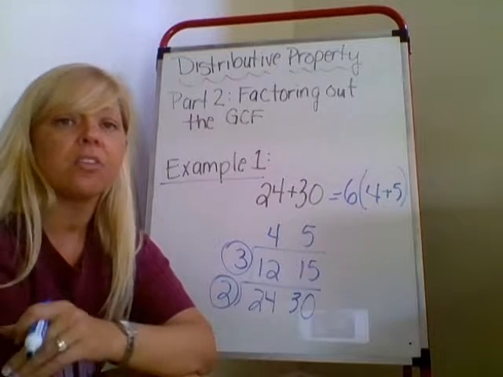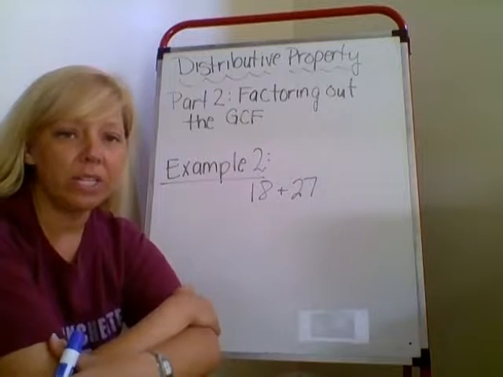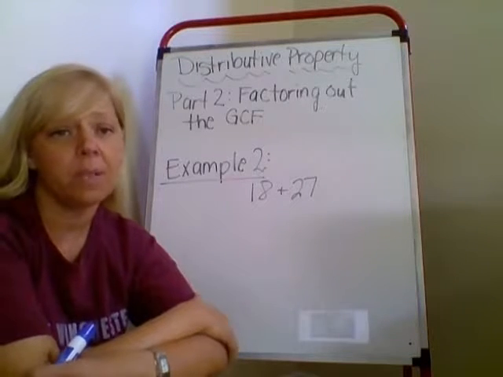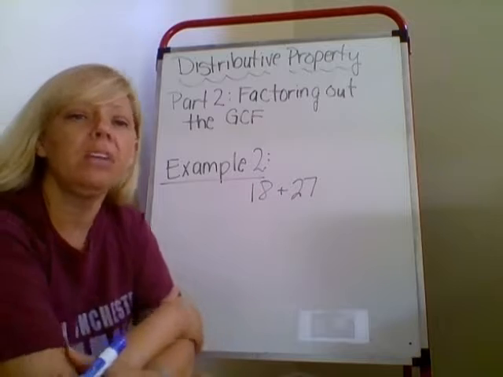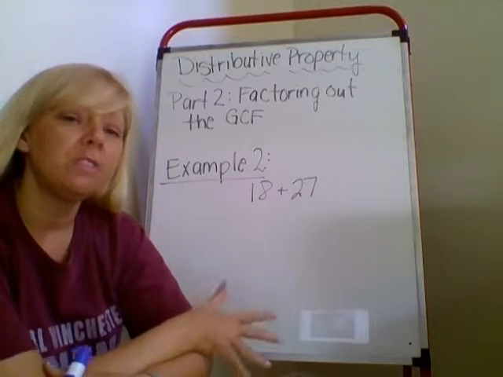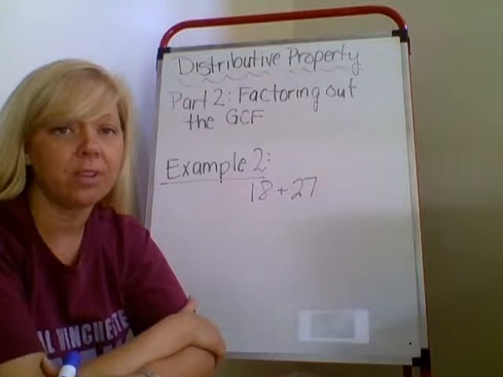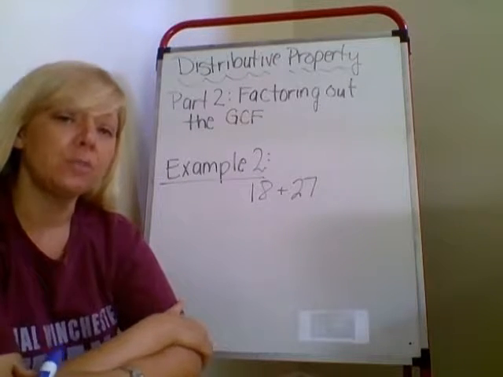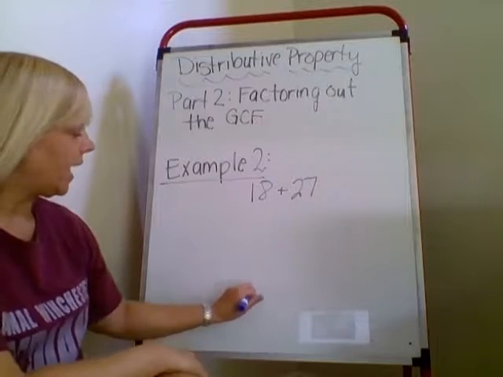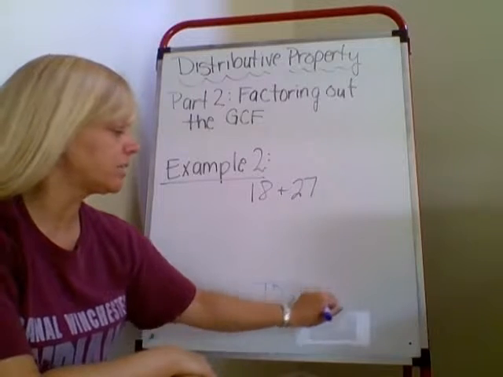So let's move on to another example. Okay, let's look at 18 plus 27. I can add these and make an equivalent expression, but here I want to factor out the GCF to make another form using the distributive property that is equivalent to 18 plus 27. So again, I'm going to use my slide method, and put 18 and 27 inside my division bars.